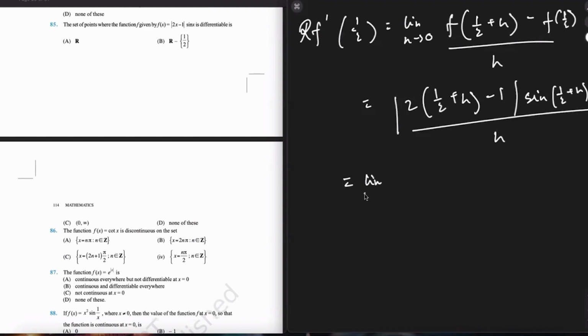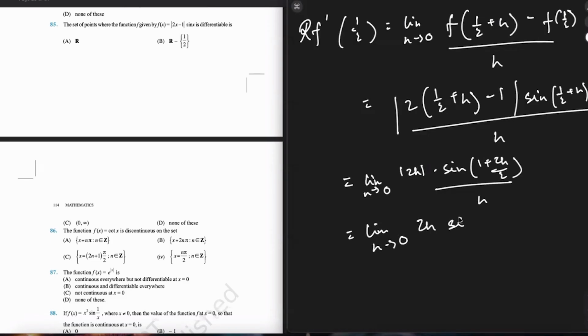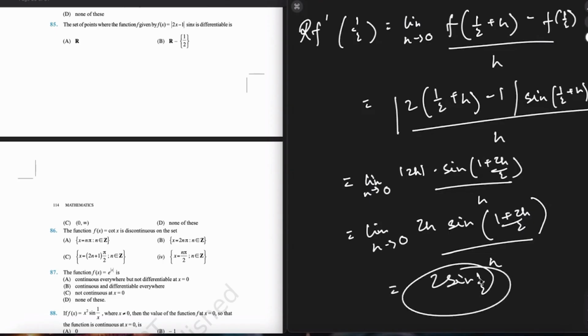So limit h tends to 0, mod 2h sin((1 plus 2h) upon 2) divided by h. Limit h tends to 0, 2h sin((1 plus 2h) upon 2) upon h. So this can be written as 2 sin 1 by 2.